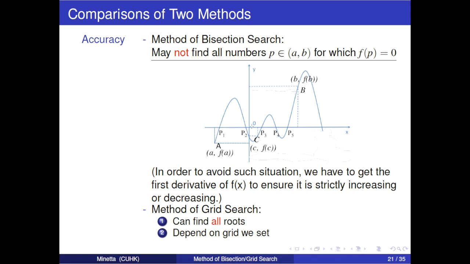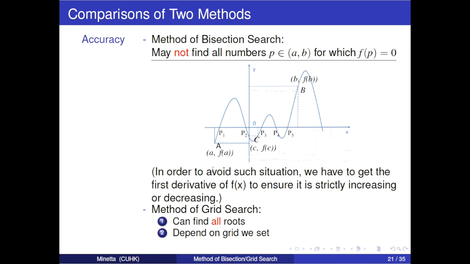For the midpoint c of interval a to b, the function value f(c) is less than 0, which means that the next procedure will continue in the interval c to b, and we cannot find p1 and p2, these two roots.